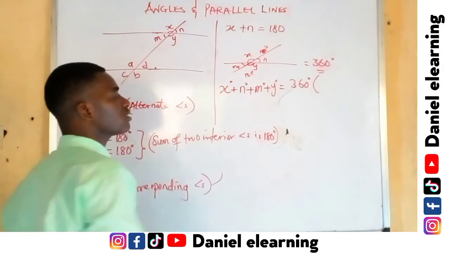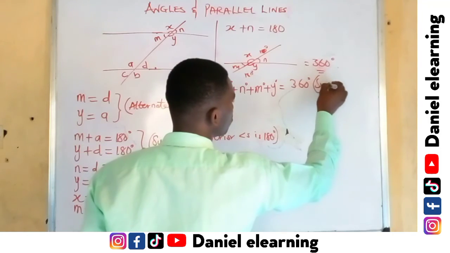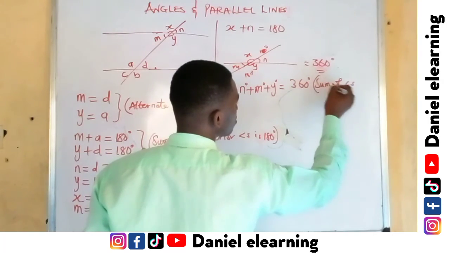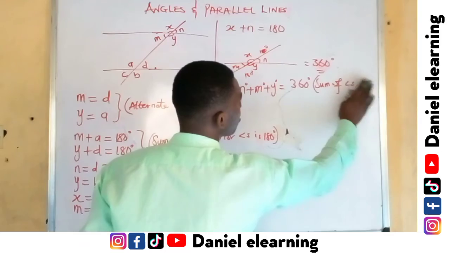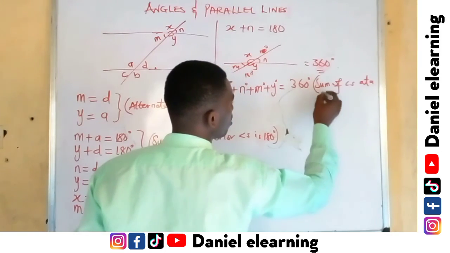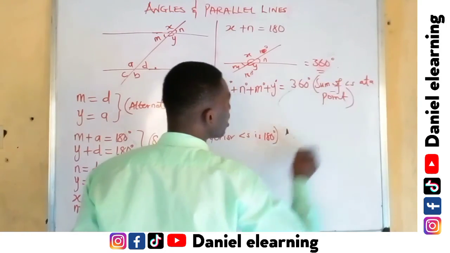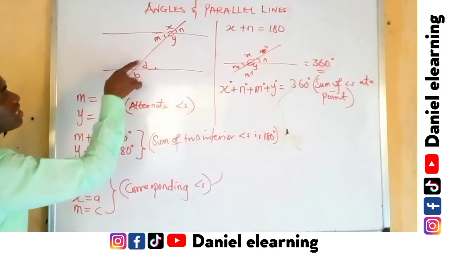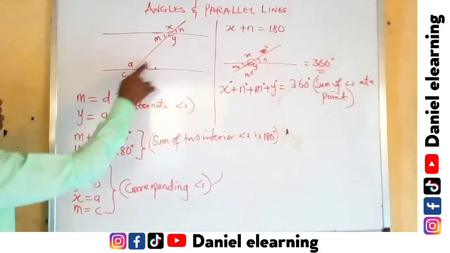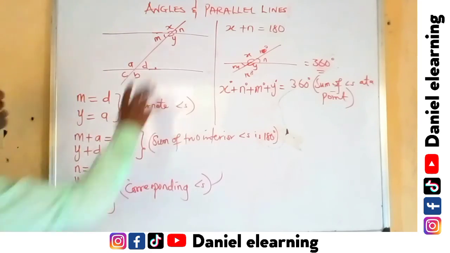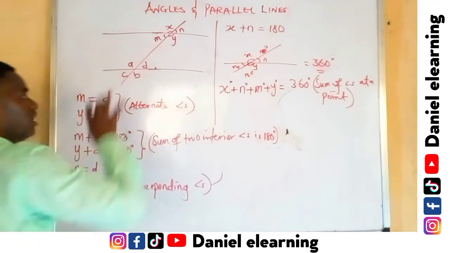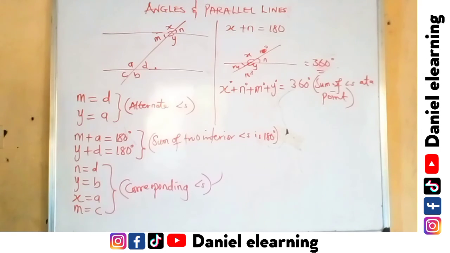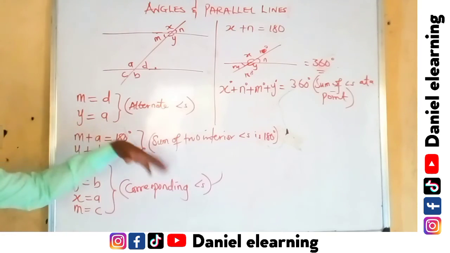Therefore, this is called the sum of angles at a point. So you could see how these are generated. The same thing I can also do for this side, this A, D, C, and B. What I did here, I can also do here. So this is basically what you need to understand. Those things you need to properly understand before you can start solving questions on this.